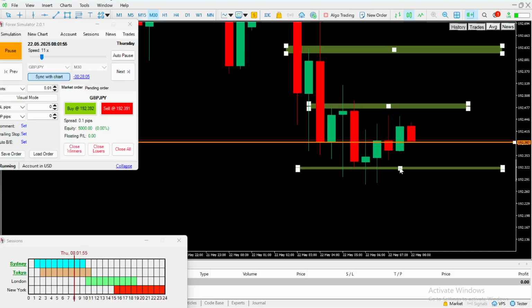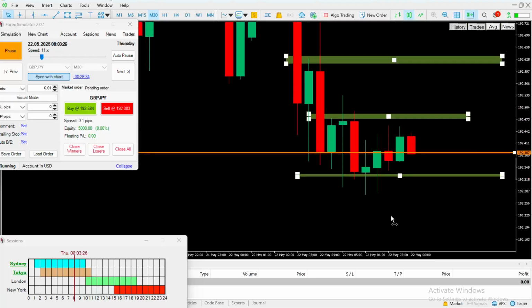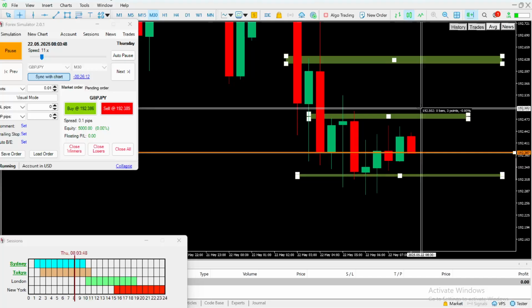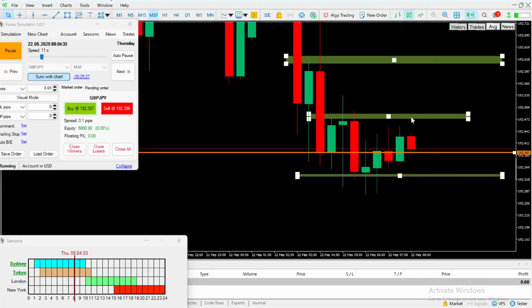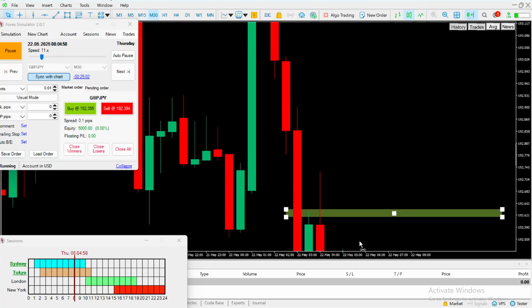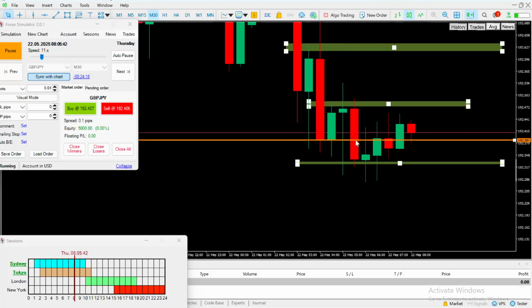So I'll basically wait for it to break and close here to take a sell, or break and close here so I can take this buy. Yeah, I think this makes most sense.